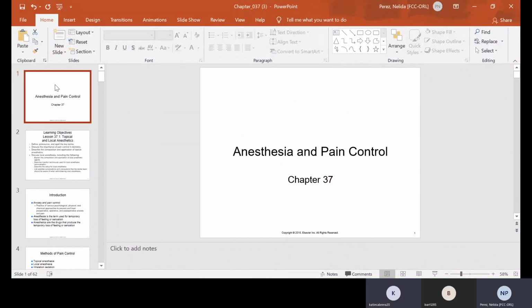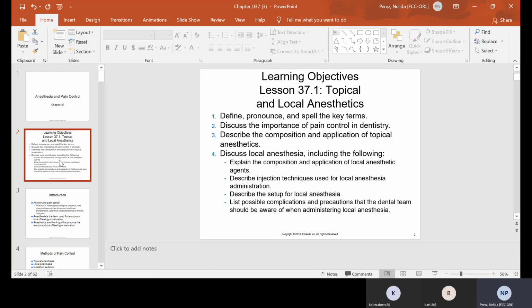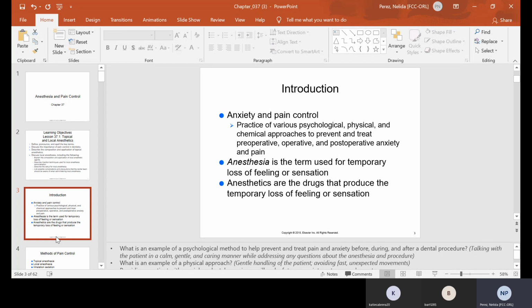Yes. Awesome. All right. So today we're going to talk about anesthesia and pain control. We're going to discuss different kinds and also set up for topical. Now, anxiety and pain control is the practice of various psychological, physical, and chemical approaches to prevent and treat preoperative, operative, and postoperative anxiety and pain.